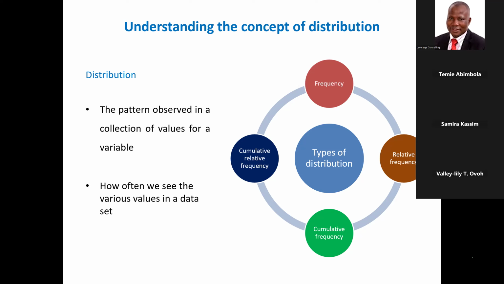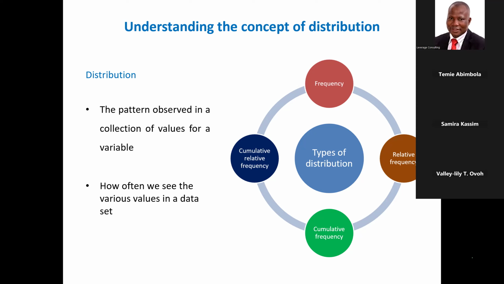So for descriptive statistics, the first thing you want to know is the concept of distribution. Many times you hear age distribution, sex distribution, distribution of response according to occupation. You use the word distribution. What does it mean?